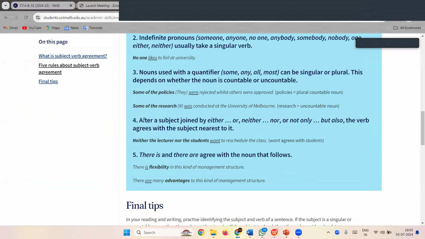Now, next rule. After a subject joined by either, or, nor, or not only, but also, the verb agrees with the subject nearest to it. Listen to this very carefully.